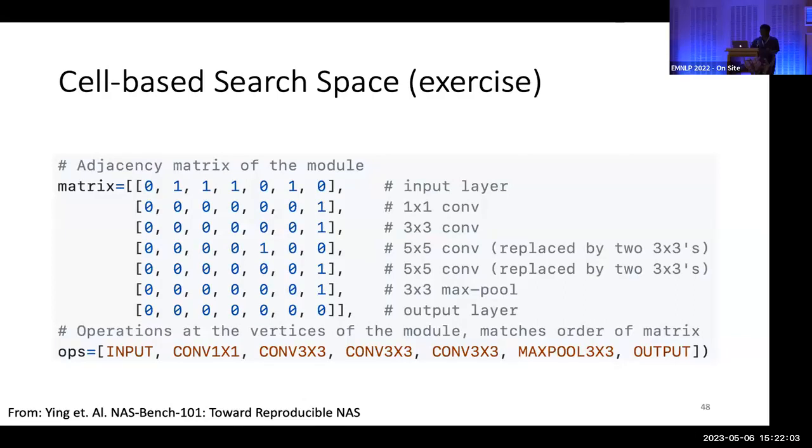So this picture you can code as some matrix, and now you have a representation that you can operate over. So you can imagine when you're doing search, if you're trying to sample something nearby, you might change one of these values, or you might change one of the operations. Okay. Any questions here?